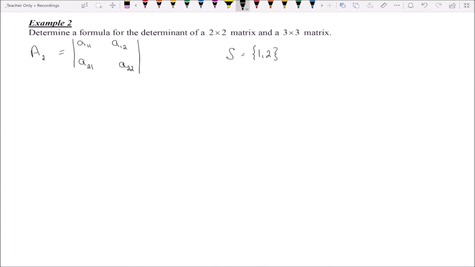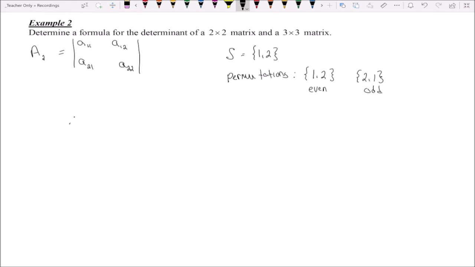So we should have 2 factorial permutations, which is just 2. And they are 1, 2, and 2, 1. So 1, 2 has no inversions, makes it even. 2, 1 has a single inversion, makes it odd.